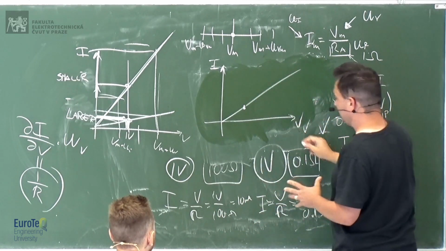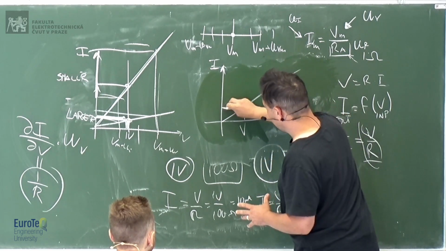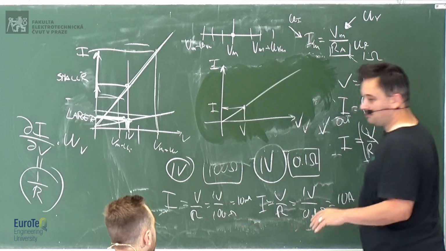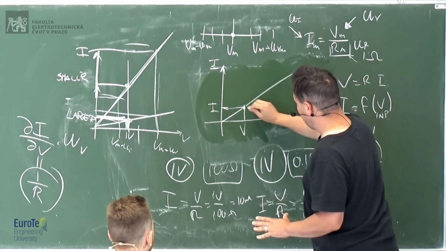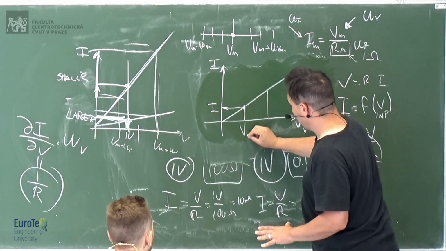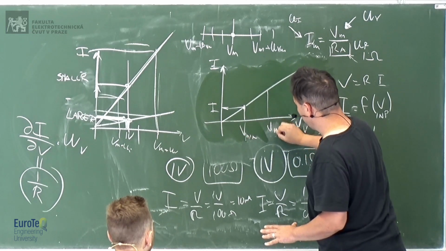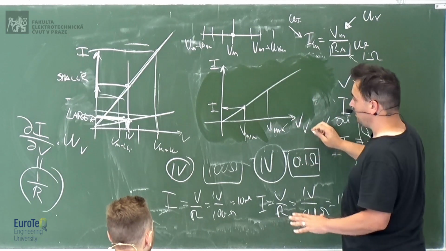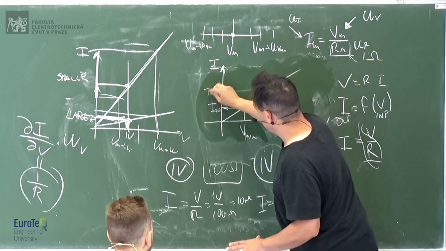This characteristic means that if you have an input voltage, you get an output current. So if you have this point to this point of minimum and maximum value of voltages, you get the minimum and maximum.